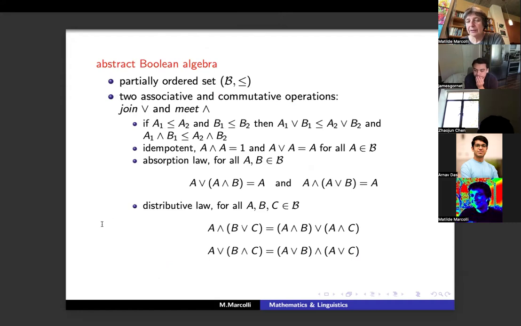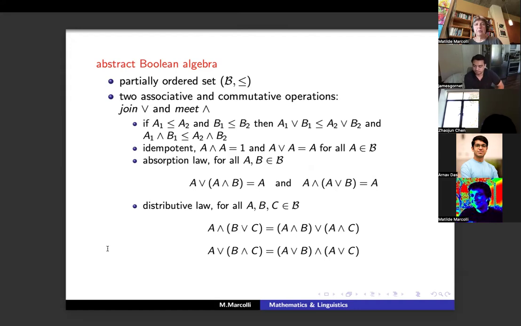This can be abstracted easily, and you can say that an abstract Boolean algebra is a partially ordered set that has two operations that are associative and commutative, usually called join and meet.